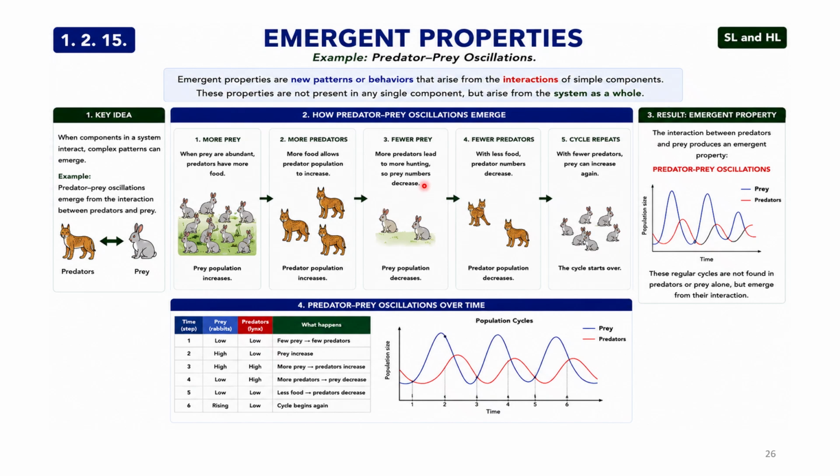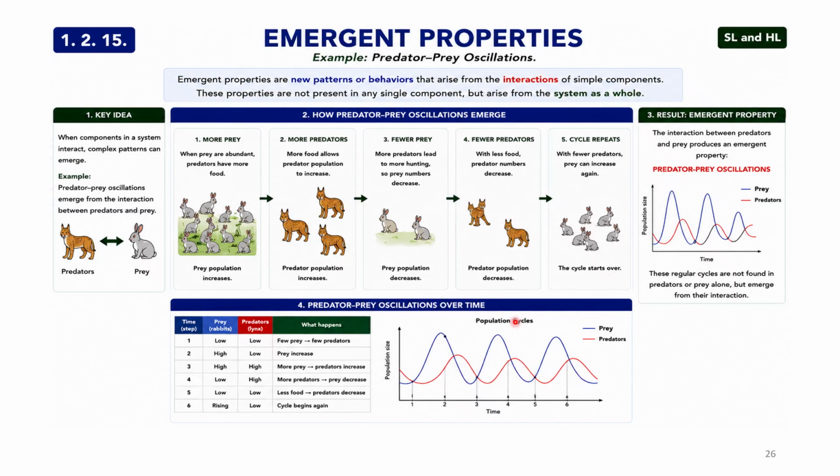As predator numbers grow, predation intensifies, causing the prey population to decline. With fewer prey available, predators experience food shortages, so their population also decreases. As predator numbers fall, hunting pressure is reduced, enabling the prey population to recover. This sequence repeats continuously, producing regular population oscillations over time.